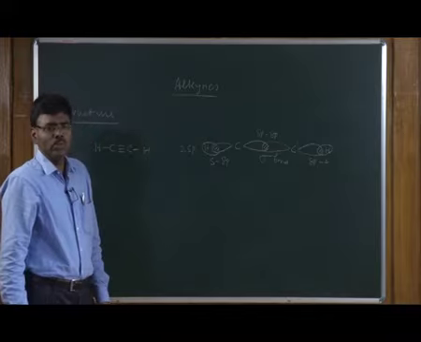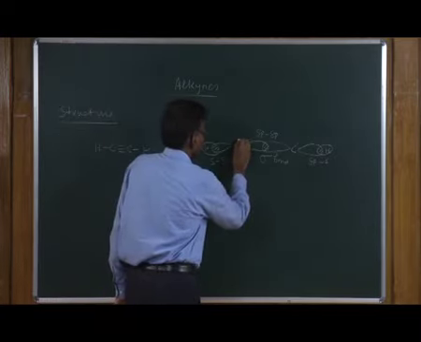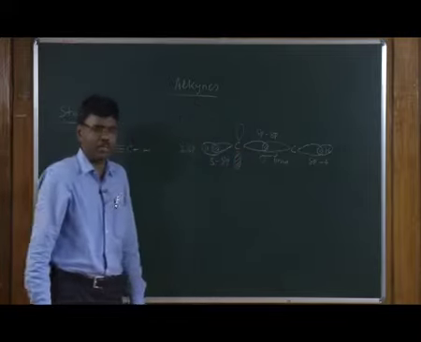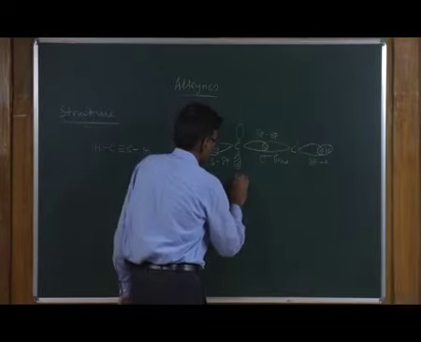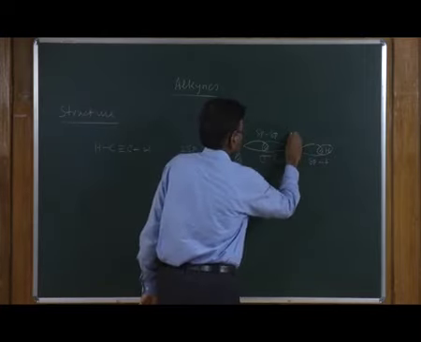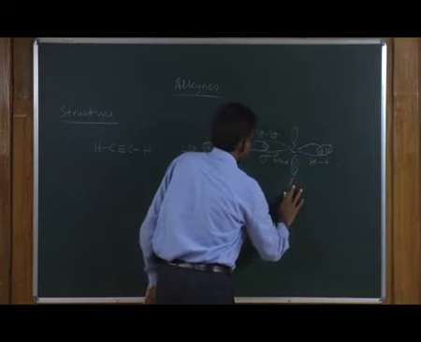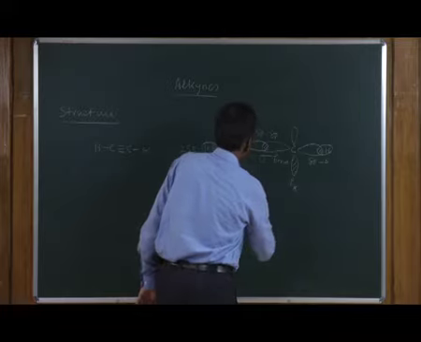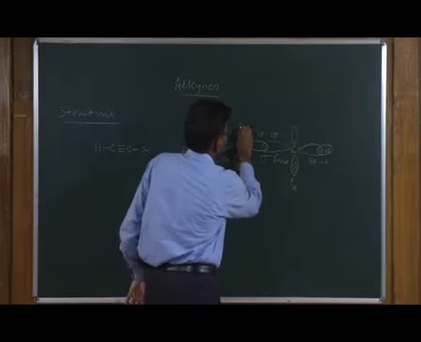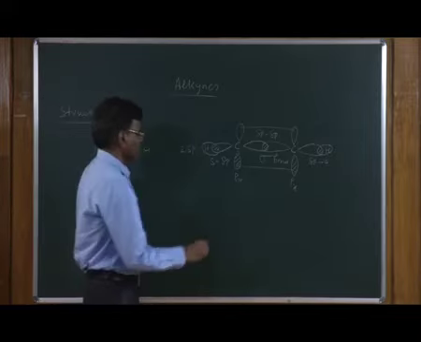There are 2 unhybridized p orbitals, and one of these p orbitals of this carbon can overlap with the p orbital of the other carbon. These 2 orbitals are parallel, and they can overlap by side-on approach to form the pi bond.